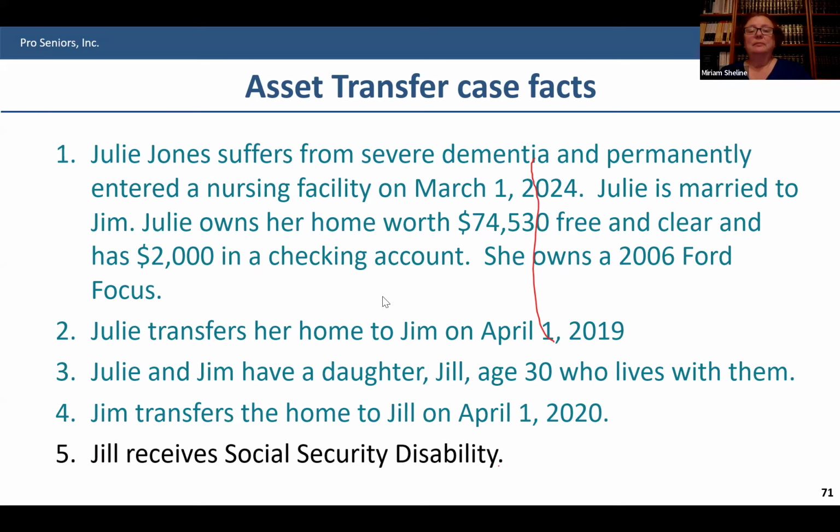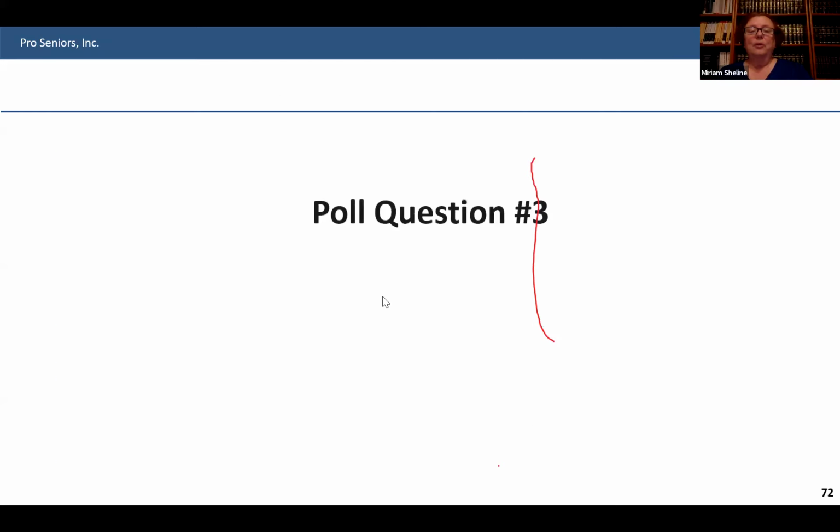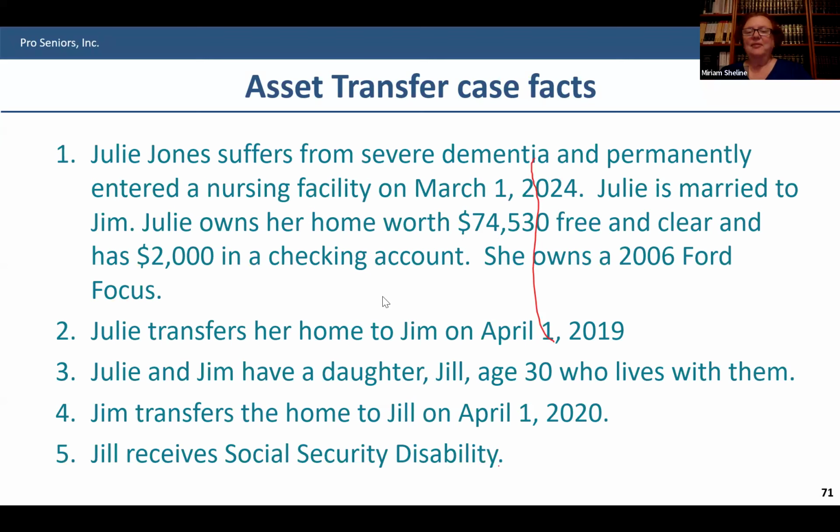So, poll question number 3. Now we see if everybody's given up or they're still awake. The question is, Julie will incur a restricted period of Medicaid coverage for 10 months because of the transfer of the home to Jill.